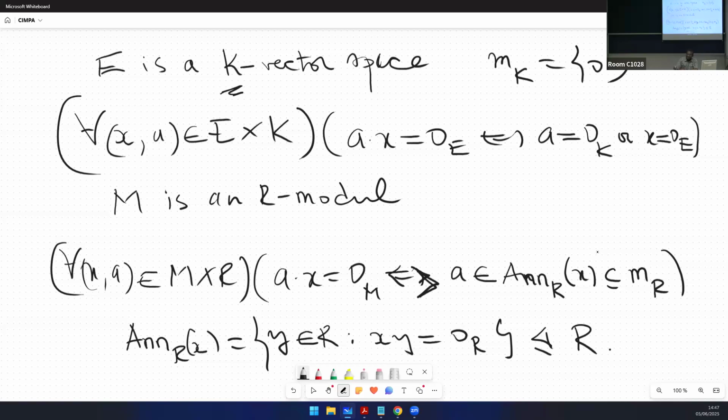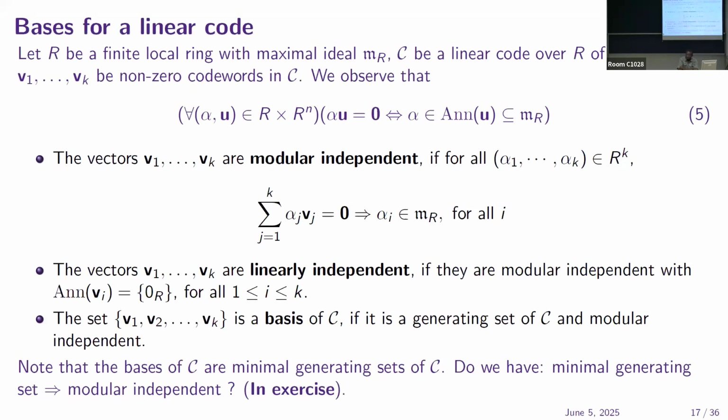In this case, this equivalence allows me to say that linear independence implies modular independence.